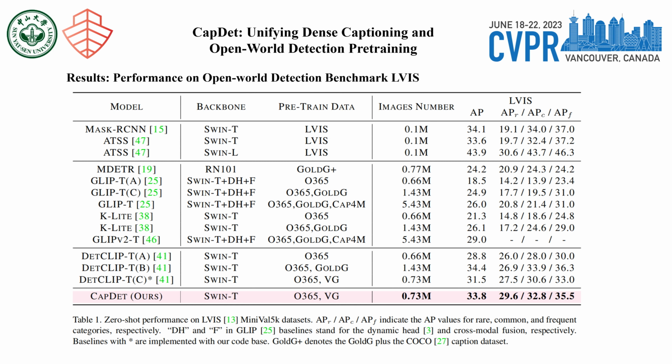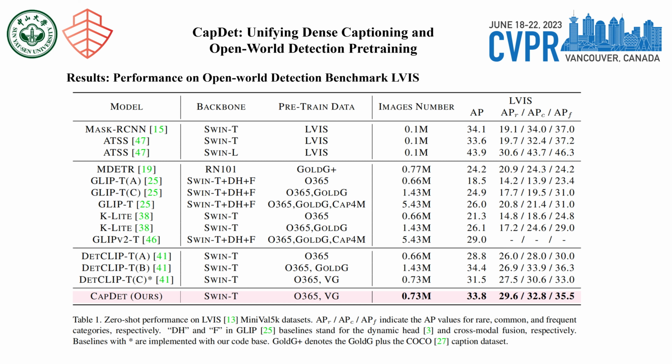Table 1 shows our zero-shot object detection performance on LVIS. We mainly train our CapDet with the backbone Swin-T on the detection data Objects365 and dense captioning data Visual Genome.